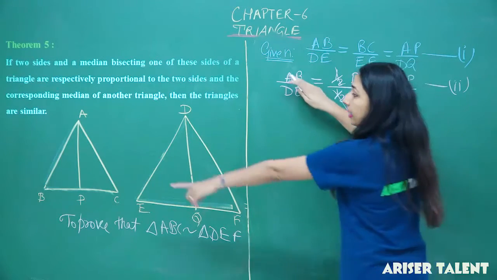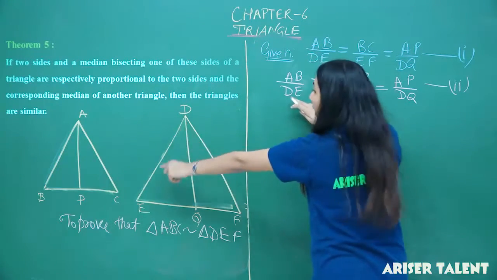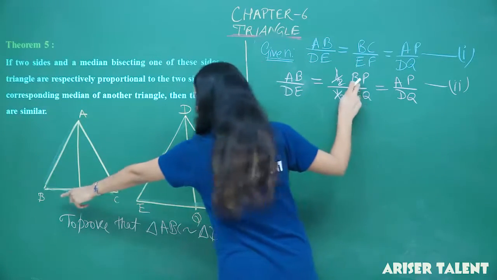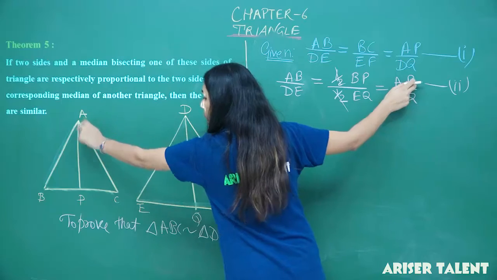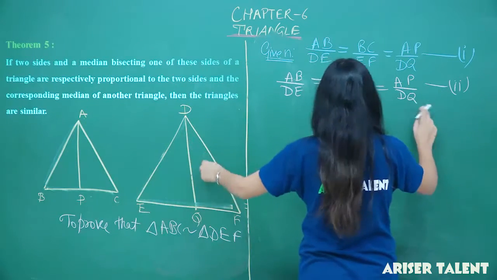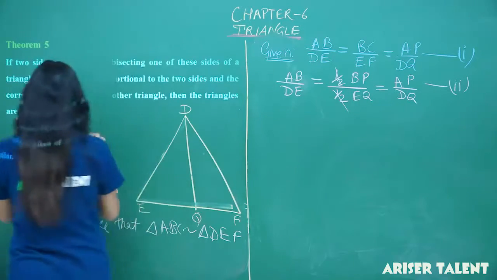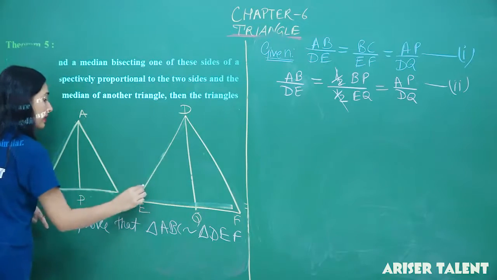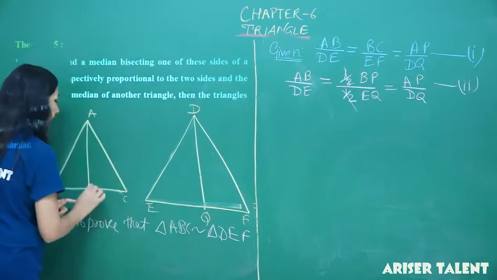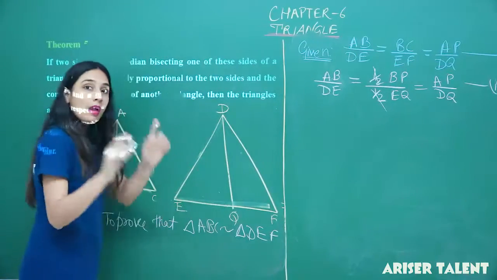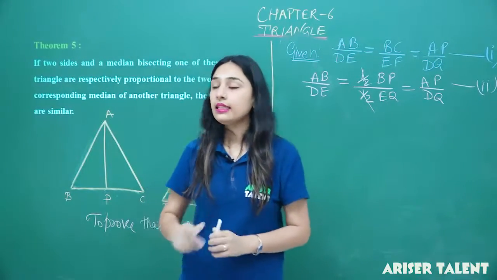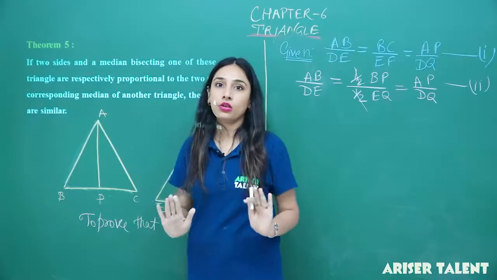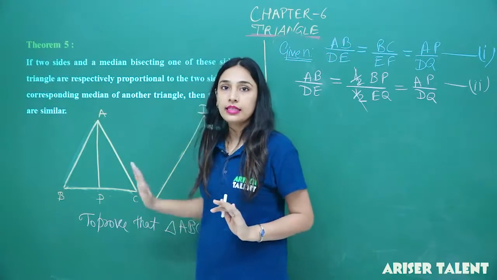AB by DE equals to BP by EQ equals to AP by DQ. So, look, this by this equals to this by this equals to this by this. So, by the converse of Thales theorem, can you say that these two triangles are similar or not? You can say this, these are similar.